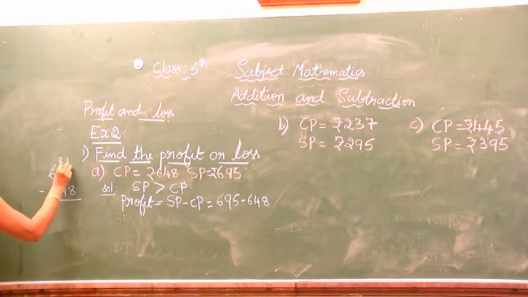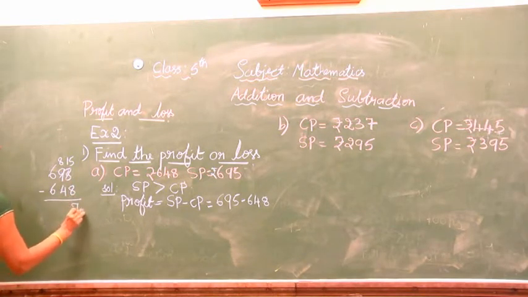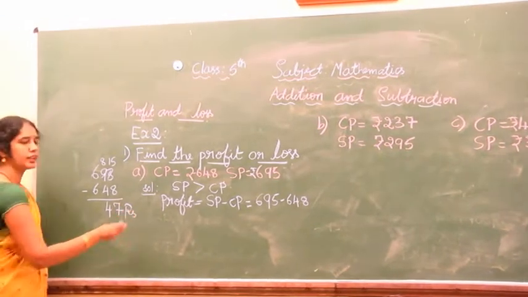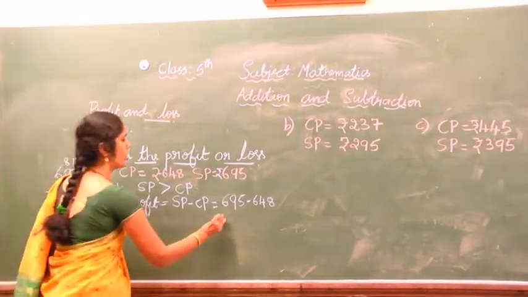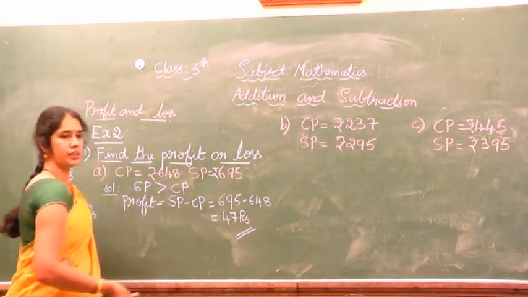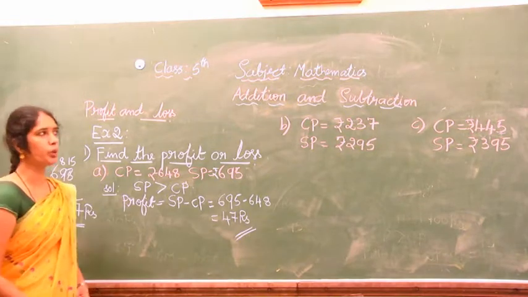You borrow from here. What is 15 minus 8? You are right, 7. 8 minus 4 is 4. Now, how much you got profit? 47 rupees. You got a profit of 47 rupees.